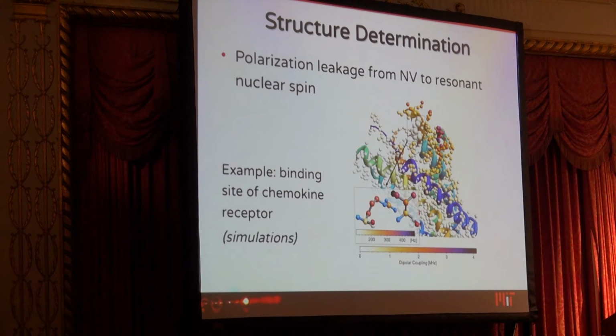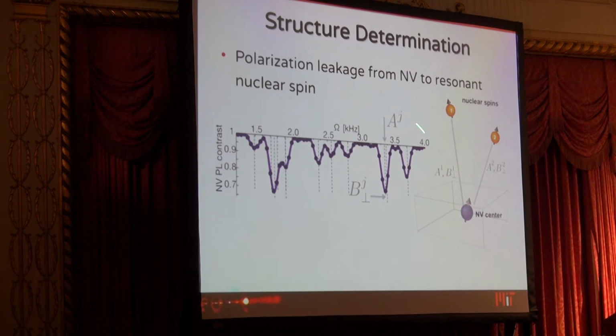And so what we can do is to follow the polarization leakage from the NV to different resonance nuclear spins. And again, because of this filtering action on the gradient, we can have very sharp frequency resolution of our spectrum, and we can really detect that here we had 9 spin. There were actually 11 of them, but some are overlapping.